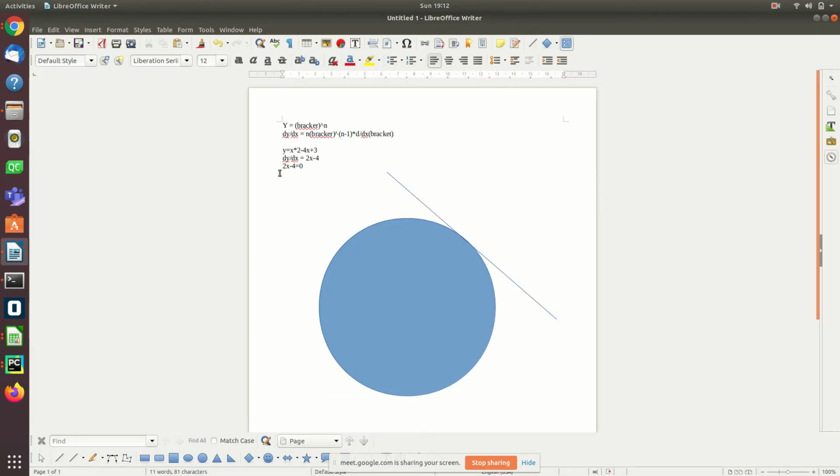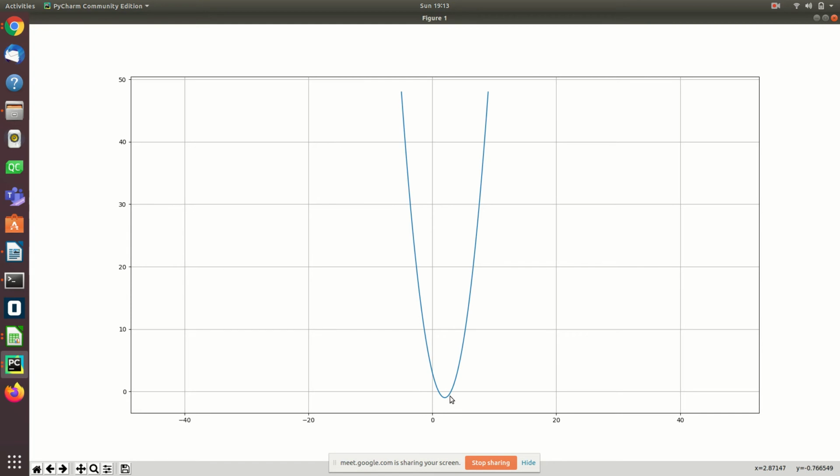I don't know whether you're with me. The derivative is 0, it means the slope is 0. At what point does the slope become 0? x equal to 2, exactly. So when x is equal to 2, the slope is 0.